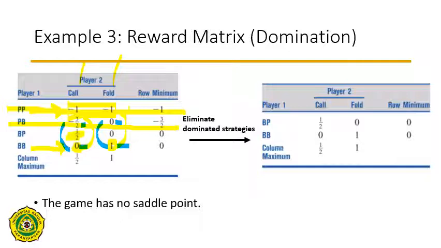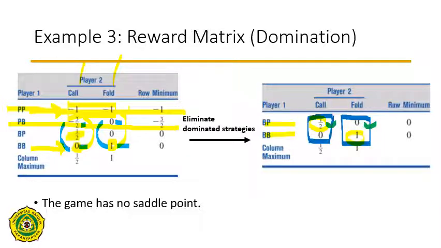You can see that no strategy is dominated by the other. For example, BP and BB for player 1. For player 1, BP is better if player 2 plays call, but BB is better if player 2 plays fold. Again, the same for the column player, there is no dominated strategy because if player 1 plays BP, then fold is better for the column player.